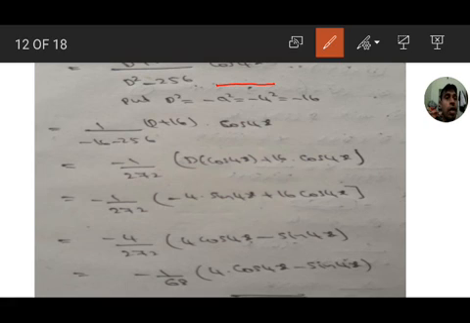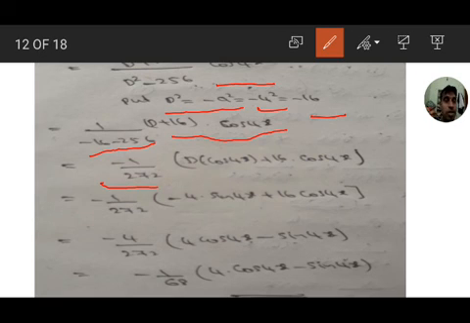So substitute D square equal to minus a square, we got D square, so minus 4 square, so minus 16, we get 1 by minus 16 minus 256 D plus 16 cos 4x. So 256 minus 16 is minus 272, minus 1 by 272, D of cos 4x plus 16 into cos 4x.